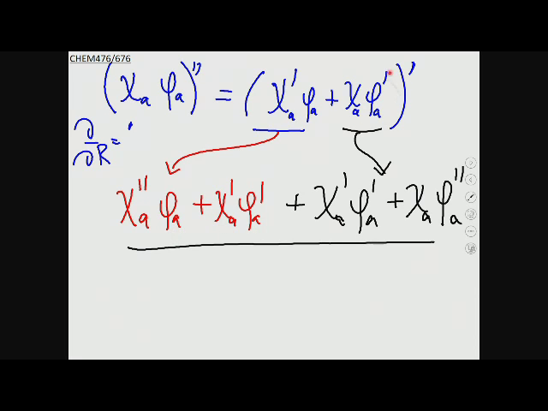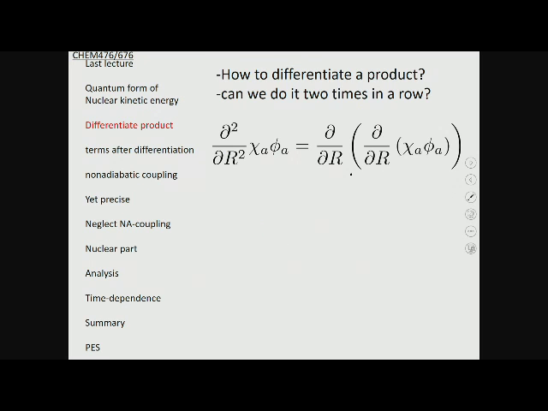And then when we deal with the next term, it splits into two terms again: first derivative of each function and second derivative of the last one. Good. And this was our first term in the molecular Hamiltonian. And here is the same stuff.